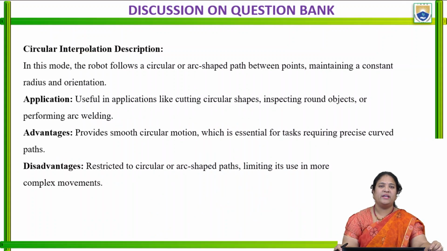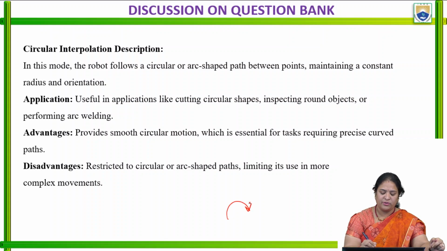Next, moving on to the next one, that is the circular interpolation system. Circular interpolation means the robot is moving in a circular direction or in the form of an arc shape from one point to the other point, maintaining some constant radius.